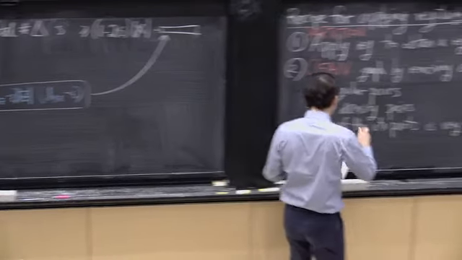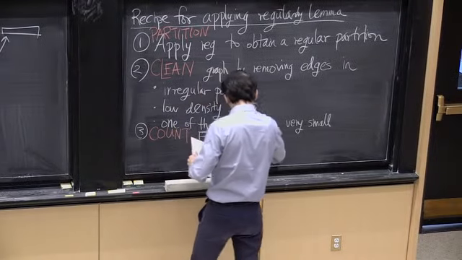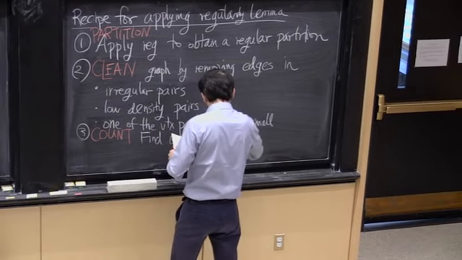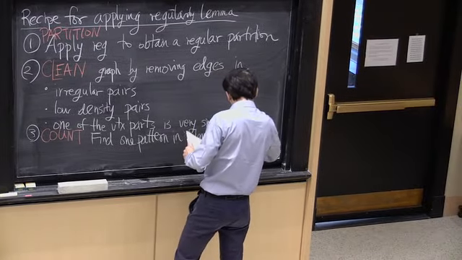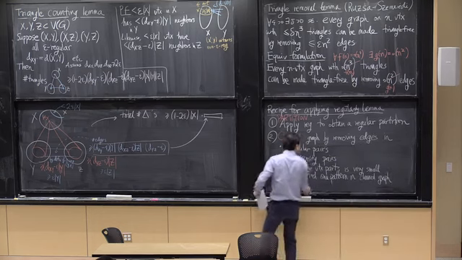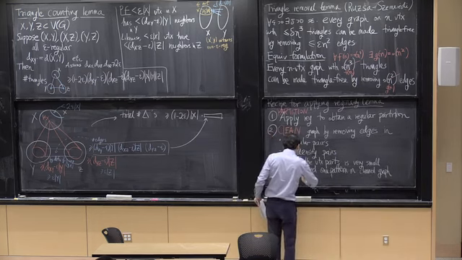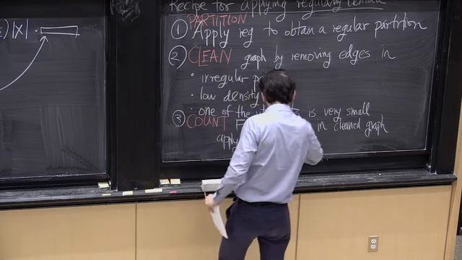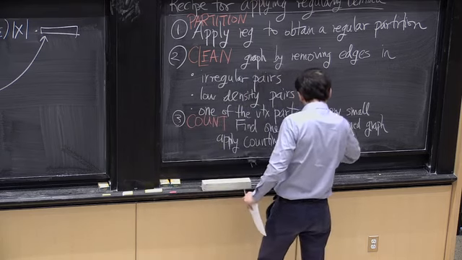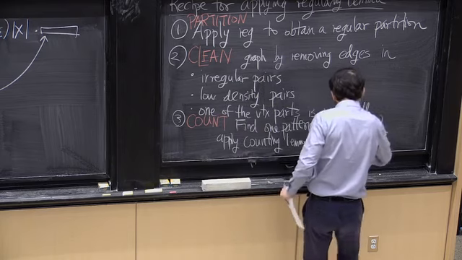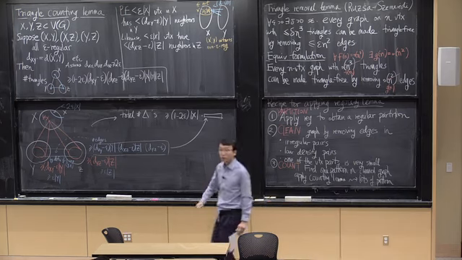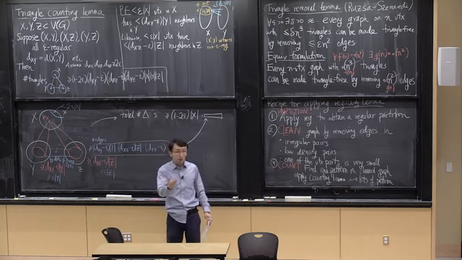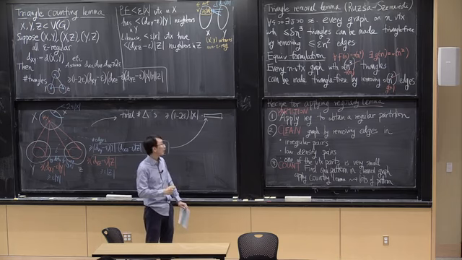If you find one pattern in the cleaned graph, we can use the counting lemma to find lots of patterns. Here, for the purpose of the triangle removal lemma and what we've been doing so far, a pattern just means a triangle. So we're going to use the triangle counting lemma to find us lots of triangles.